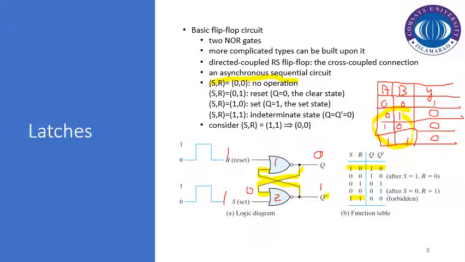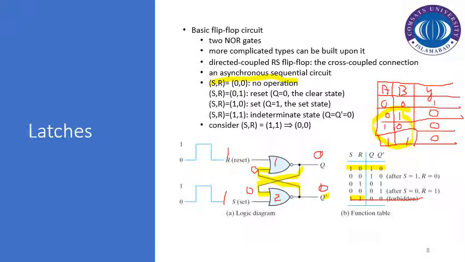So this NOR gate produces 0, and this 0 is fed back here to see any change in the output depending upon the previous input, which remains at 0. So both of the outputs in this particular scenario are equal, which is not possible because we have already defined that Q is always opposite to Q prime. So this state is known to be the forbidden state or invalid state.